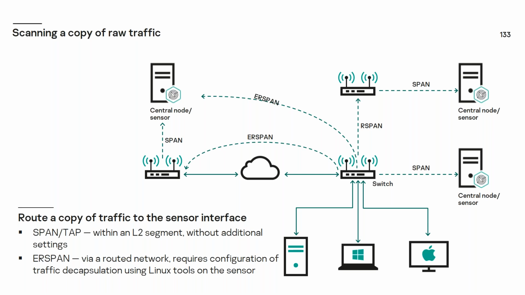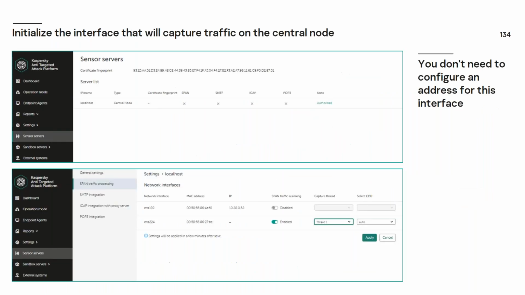Now, ladies and gentlemen, when we have a look at the interface itself for capturing span traffic, from a deployment perspective you need to take that into account, because if you're using your central node as your primary sensor and server, it's essential to understand that we have, for example, two network interface cards that are going to function from a central node perspective.